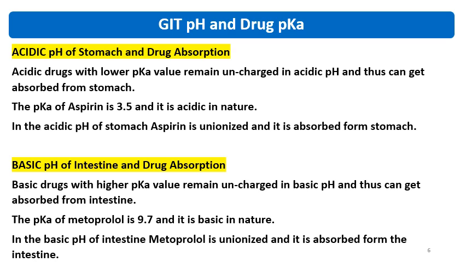For example, the physiological pH range is considered between 1 to 6.8, or sometimes it is 1 to 7.5 pH.